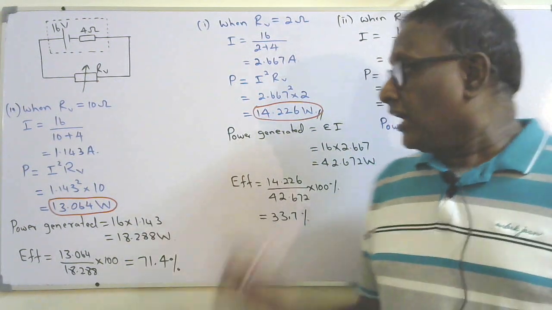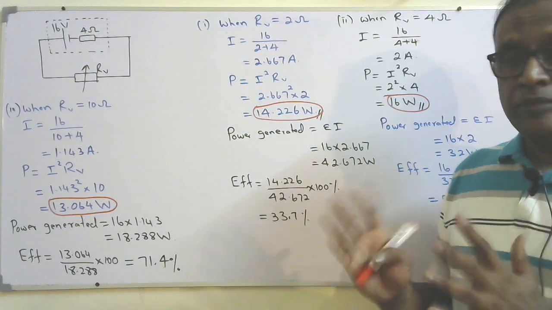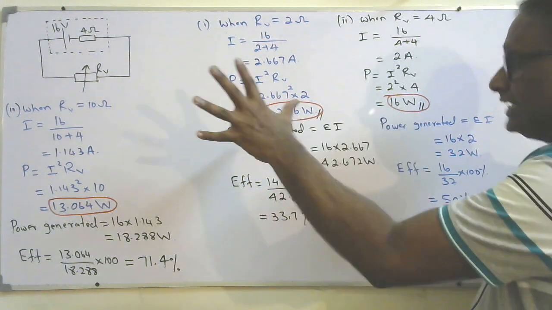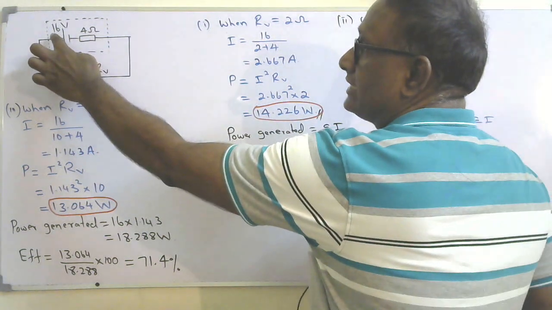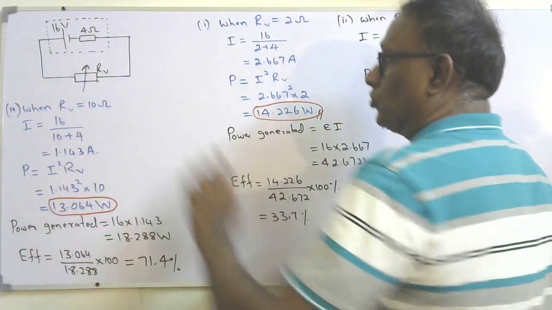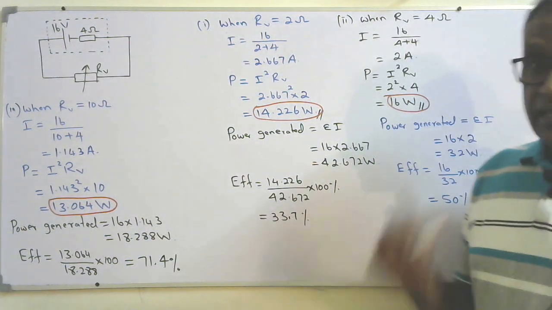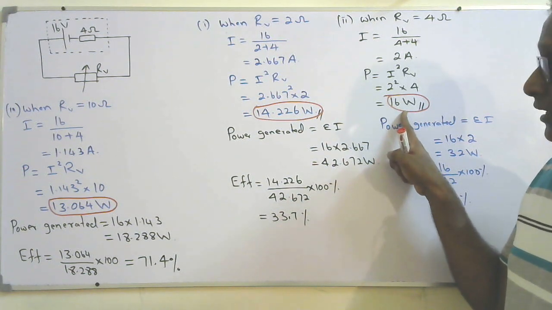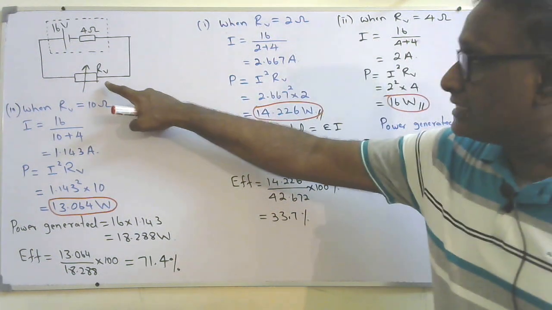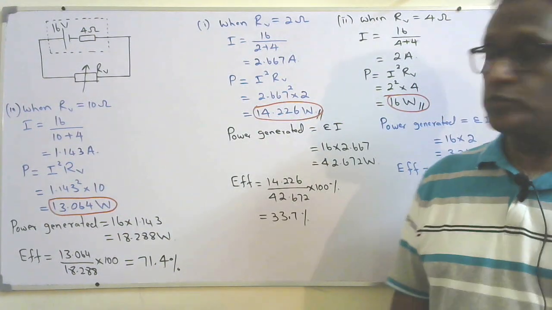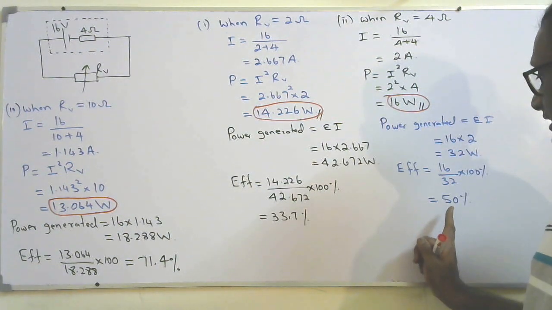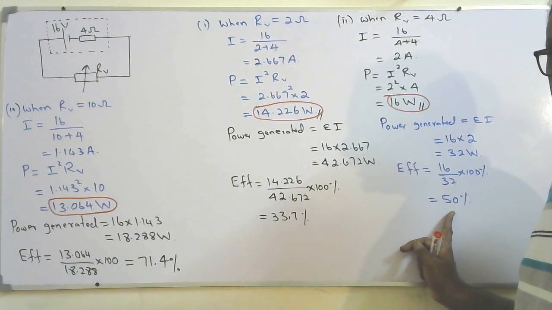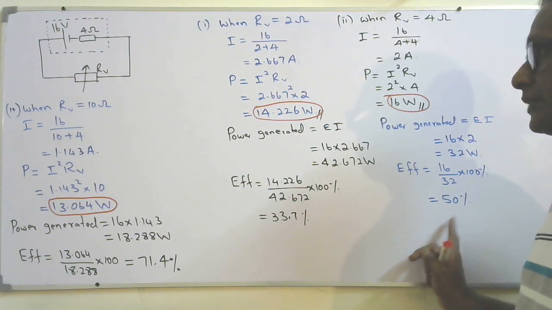You will see the maximum power will be transferred in this condition, when the EMF is 16 volts and the internal resistance is 4 ohms, which is 16 watts. There we are getting the optimum power output when RV is equal to the internal resistance, 4 ohms. But you can see the efficiency is 50% only.